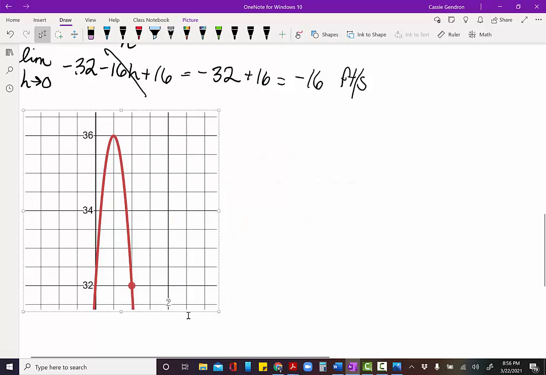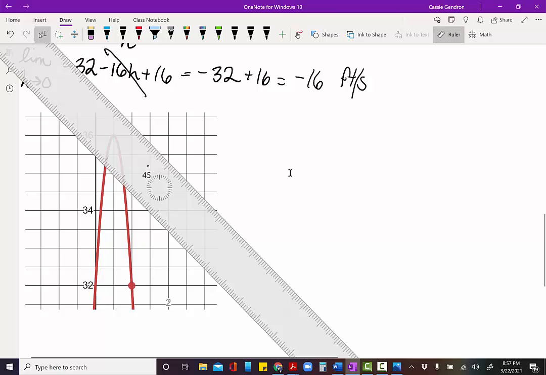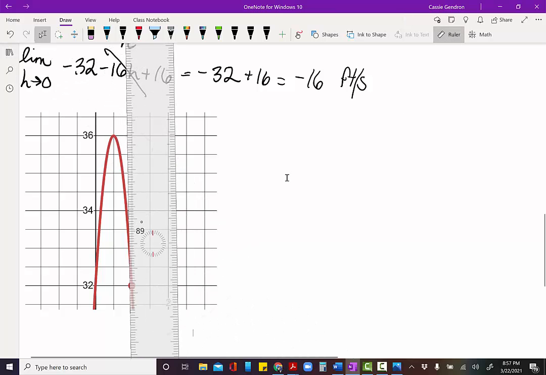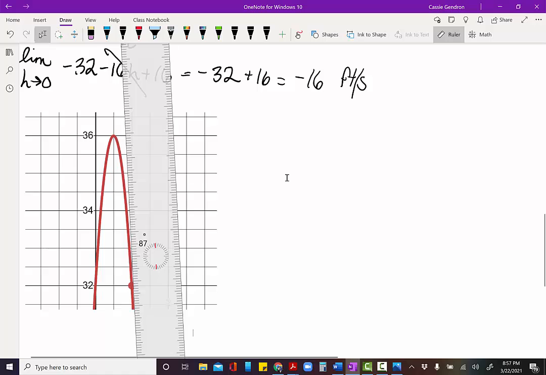So this is at the instantaneous rate at x equals 1. So I'm going to get a ruler out, and I'm going to try and draw a line tangent to that to the best of my ability.